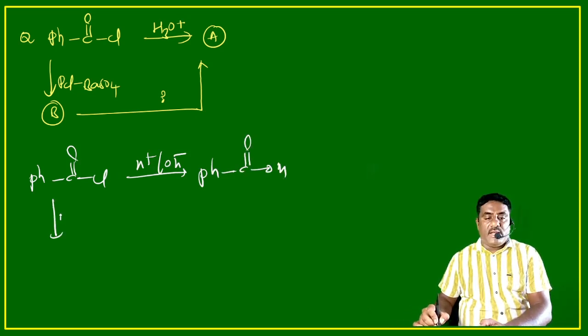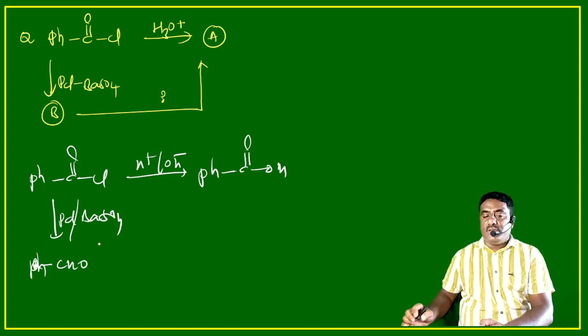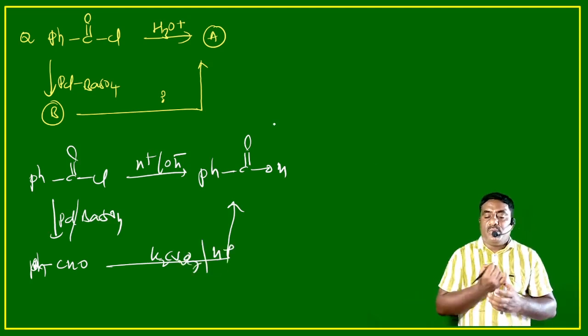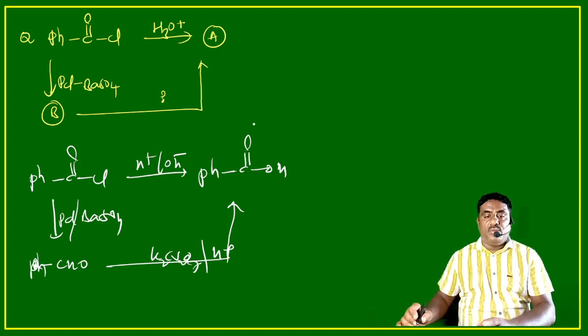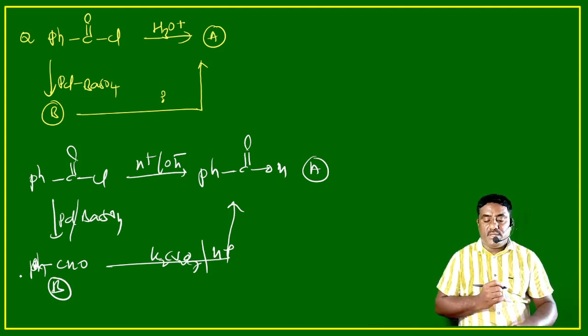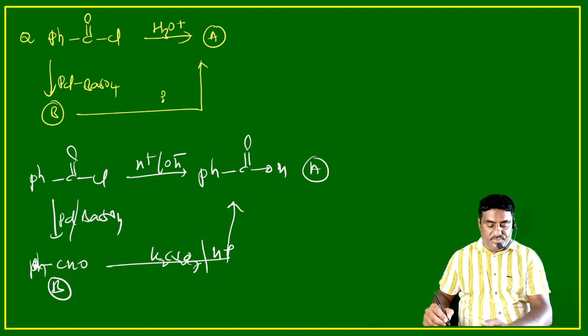Again, if the acid chloride is treated with palladium on barium sulfate, it is a Rosenmund reduction, forming PhCHO, benzaldehyde. The benzaldehyde with K2Cr2O7 in acid medium forms benzoic acid. A is benzoic acid, B is benzaldehyde.